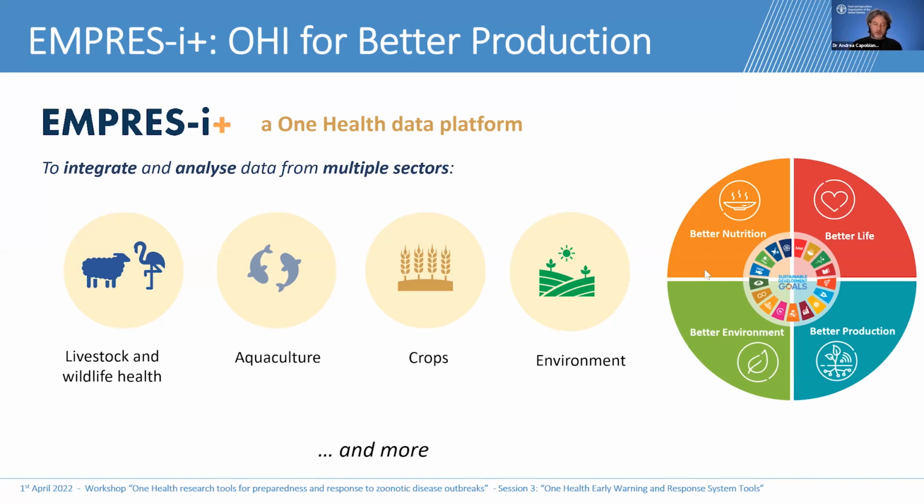FAO not only deals with livestock and animal health, but we have all sorts of data coming from aquaculture, crops, environment, and all this information is aimed at having a holistic approach to early warning for something that is not just public health, but is One Health from the broadest possible perspective that we can see.